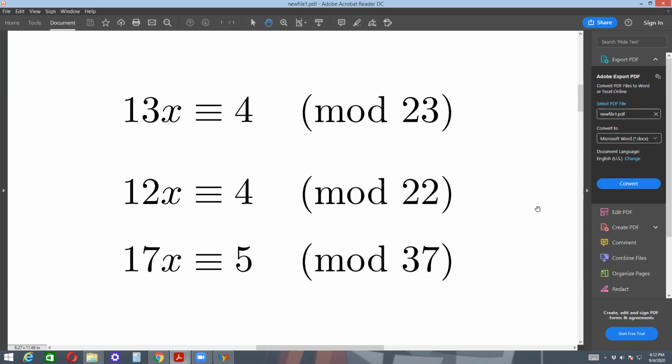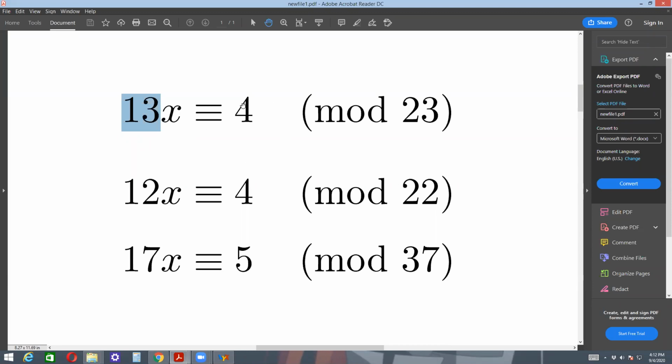Okay, I guess just to go through it. So this first one, 13x is congruent to 4 mod 23. Notice if you double this, then you get 26, which is closer to a multiple of 23. So I would multiply the entire congruence by 2 first, and you get 26x, which is the same as 3x, because you subtract 23x.